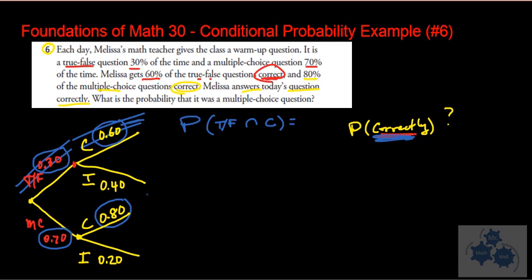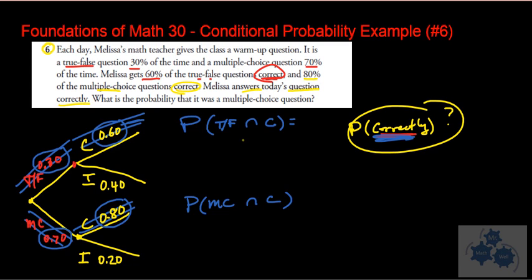And over here, if it's multiple choice and correct, this will give us the probability of those two events happening. And the probability that she gets the question correct is going to be this probability or this probability. So that's the first step.